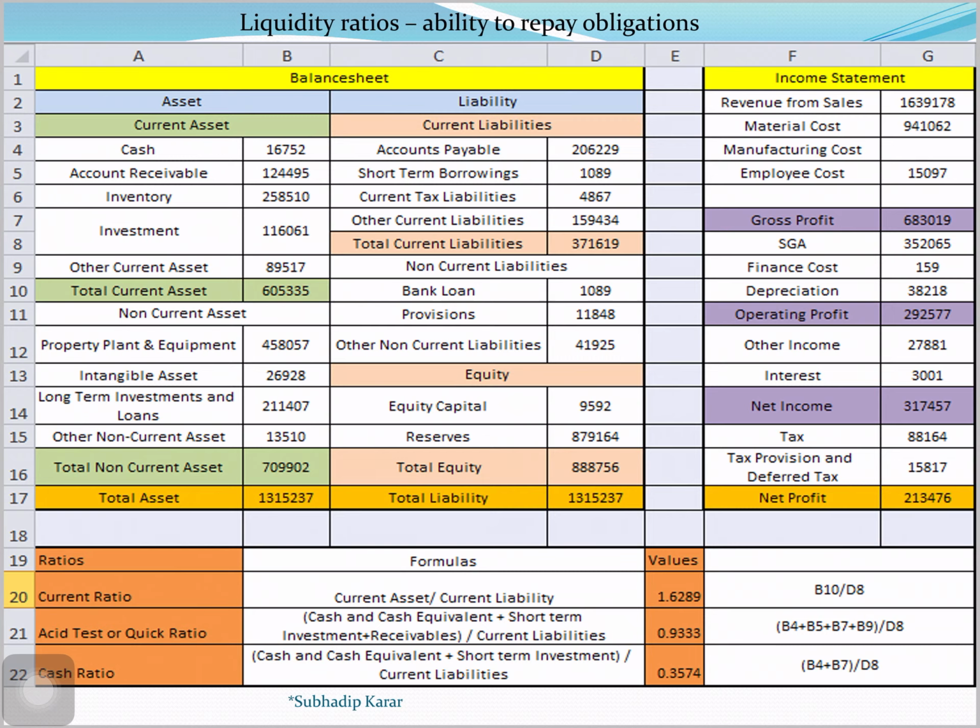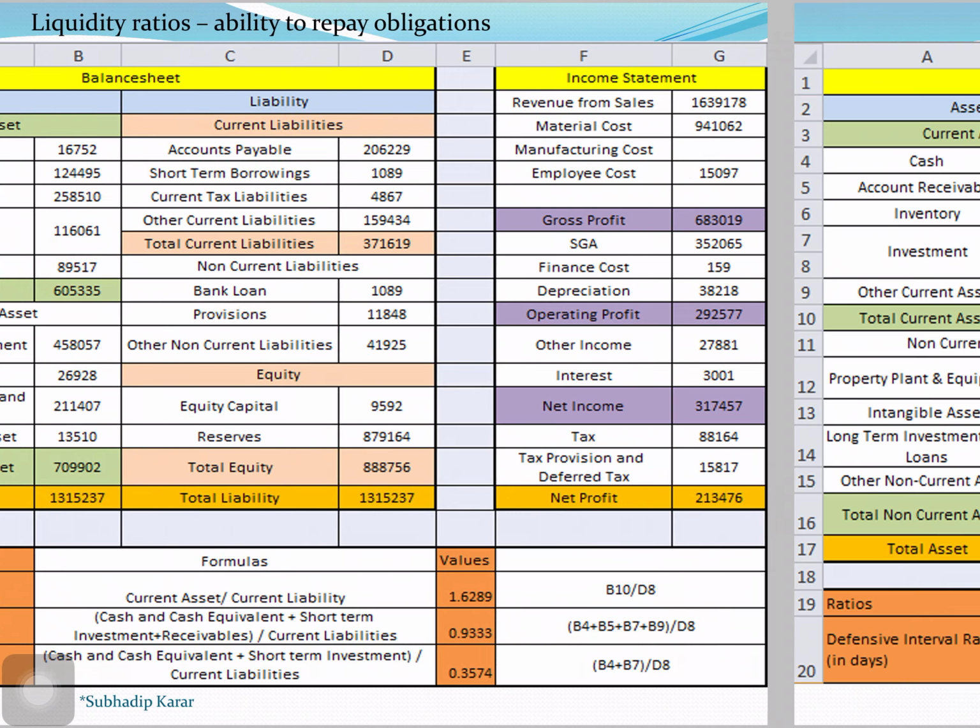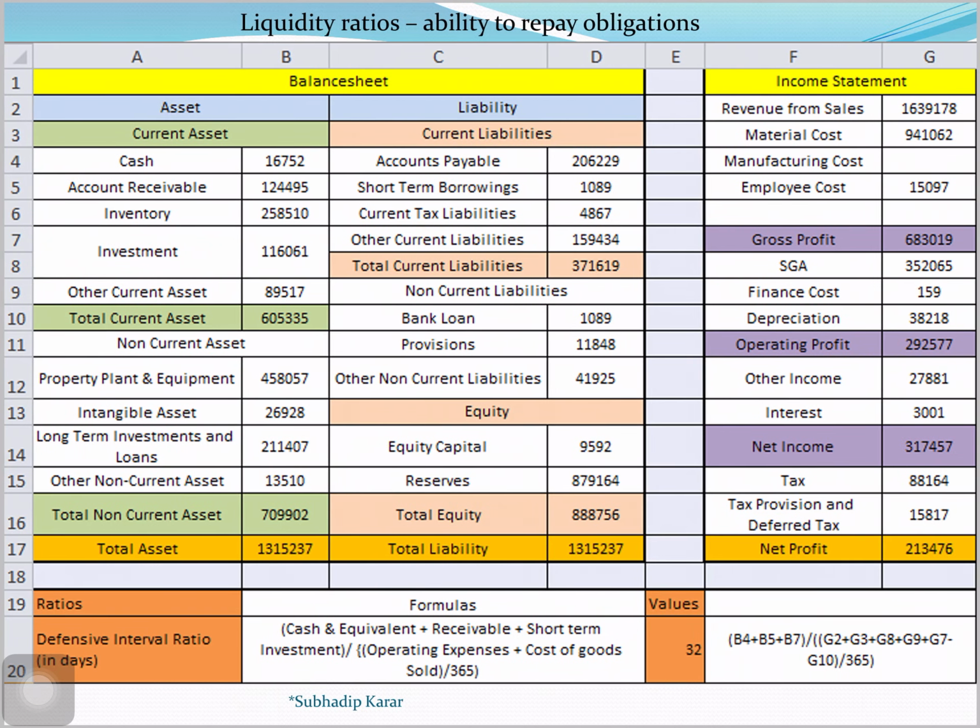A higher ratio may indicate some degree of safety from the creditor's point of view because the company has more cash and can pay off the debt anytime, but from the owner's or investor's point of view, it shows inefficiency of management because they are not using that cash to create more profit.